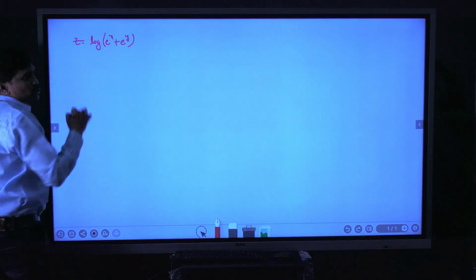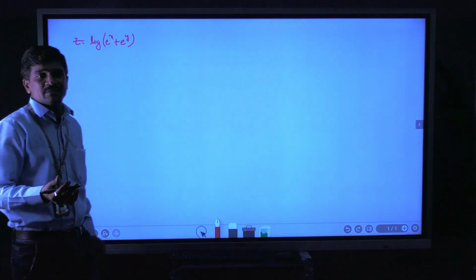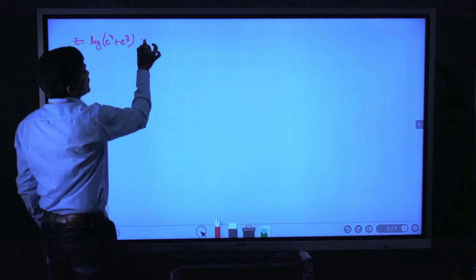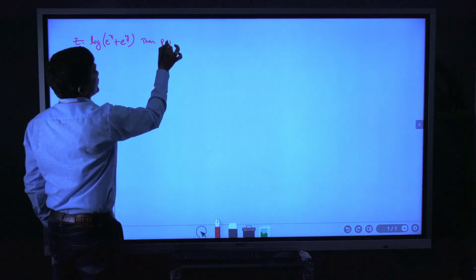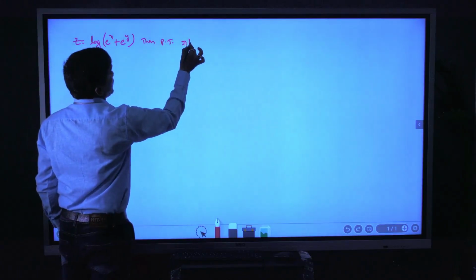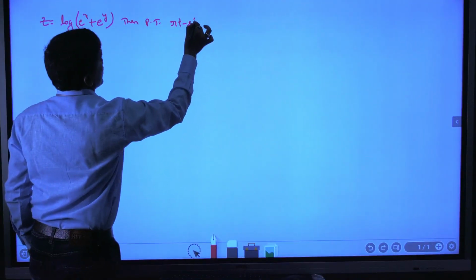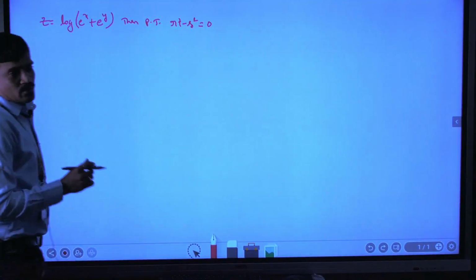This is the function. If z is equal to log of e power x plus e power y, then prove that RT minus S square is equal to 0.